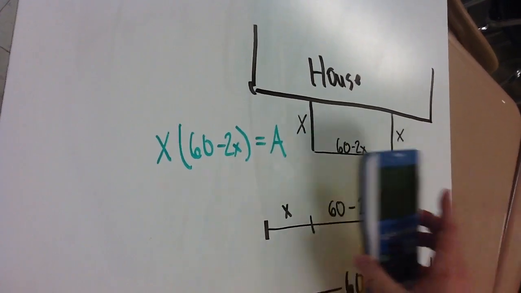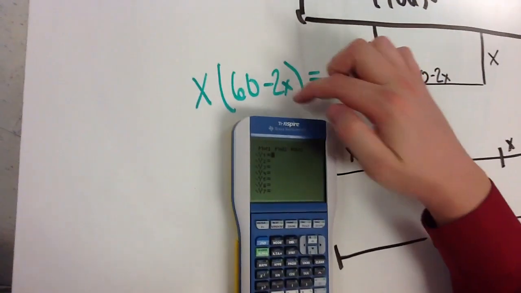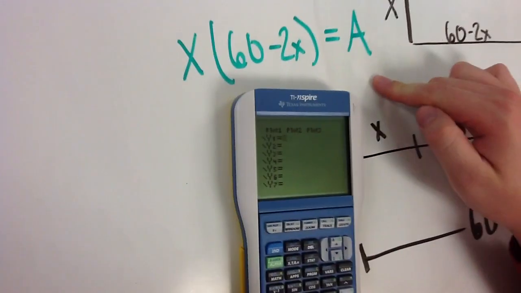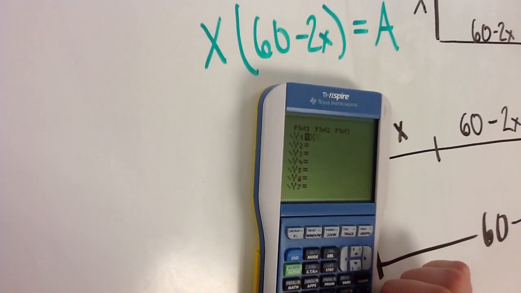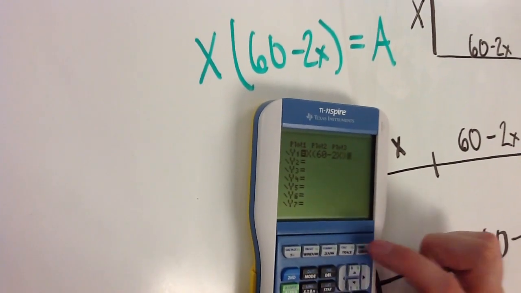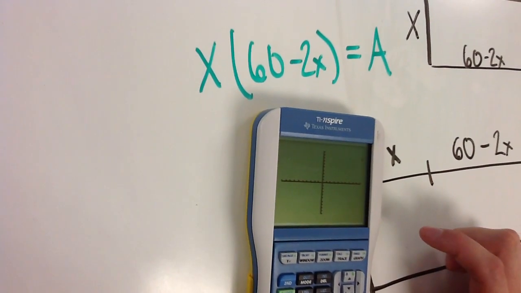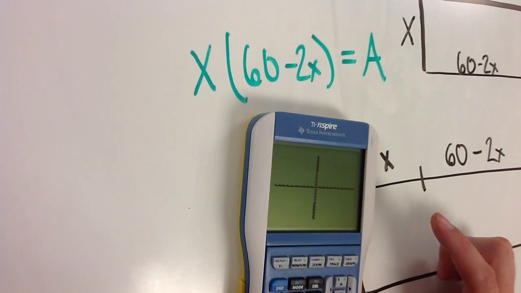From here, I'm going to pull out my calculator and graph this equation right here, and I'm going to find my max because I want my maximum area. So if I say x times 60 minus 2x and I graph this, this will be a downward facing parabola.